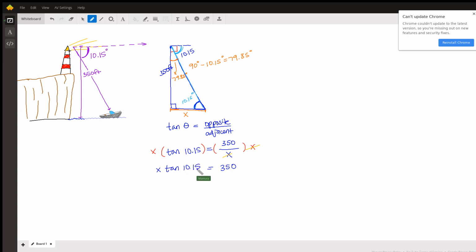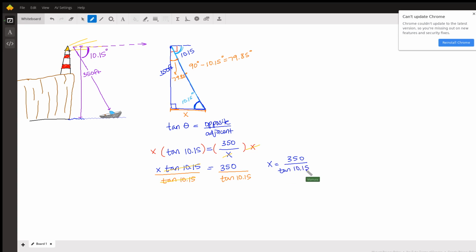So now to solve for x, we're going to divide both sides by tangent of 10.15. So then these tangents cancel out, and we are left with x equals 350 divided by tangent of 10.15.